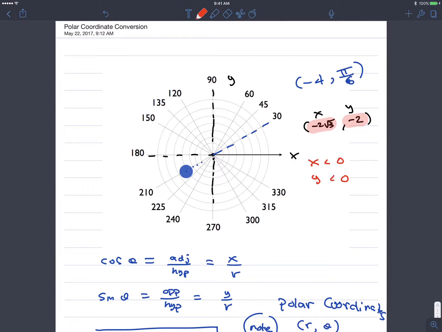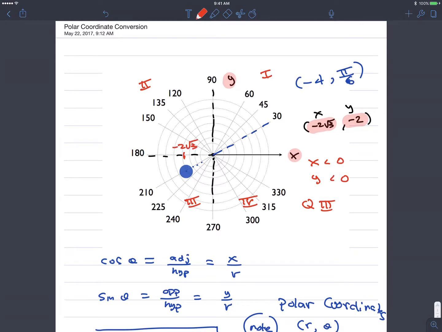In Cartesian coordinates, x versus y, what quadrant does that mean you're in? Third quadrant. Is that right? 1, 2, 3, and 4. So if I go out a distance here, this is my x distance. This should be negative 2 square root of 3.